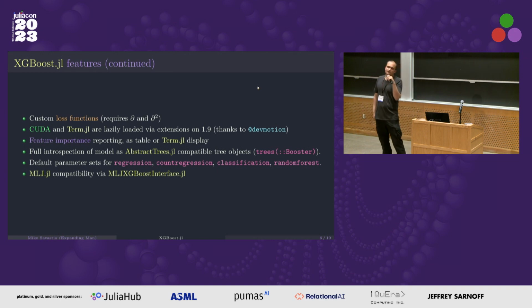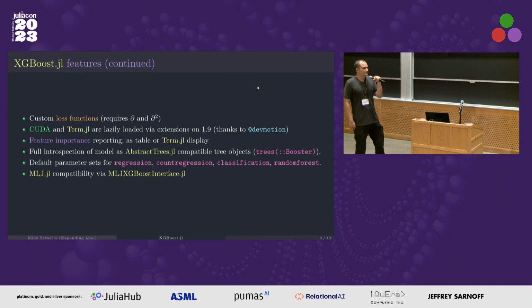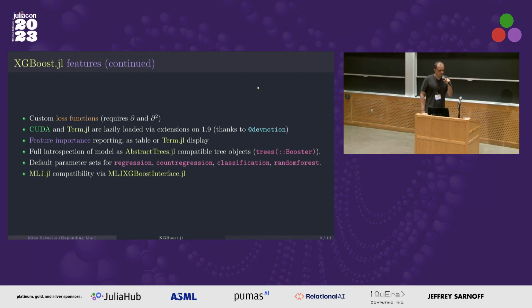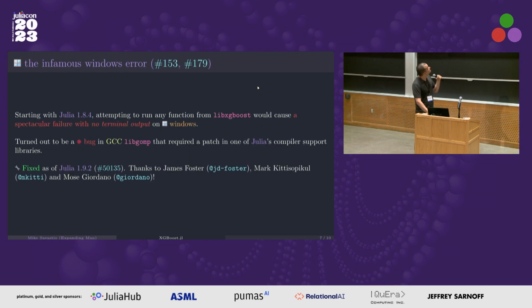The trees themselves are compatible with AbstractTrees.jl, so you can do some pretty generic stuff with them. There are default parameter sets for different types of regressions and classifications. Those were inspired by the MLJ wrapper package, which has the extremely elegant name MLJXGBoostInterface. So you can use it nicely from MLJ as well.